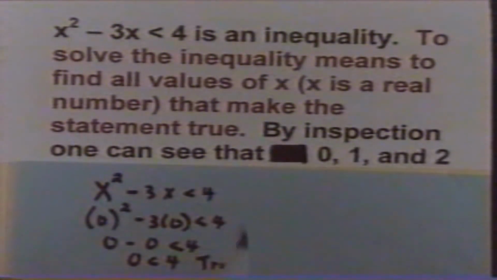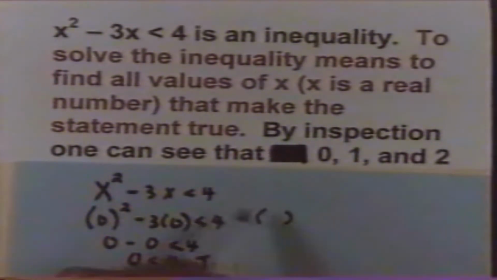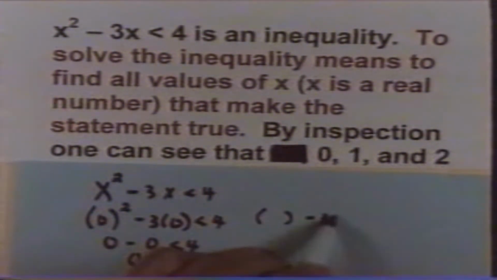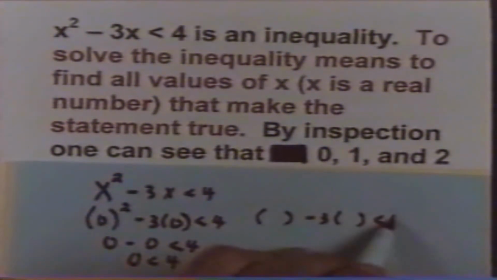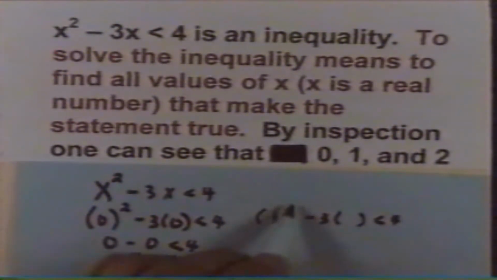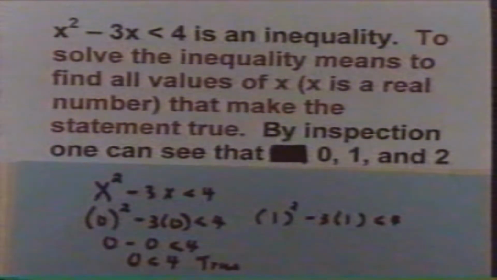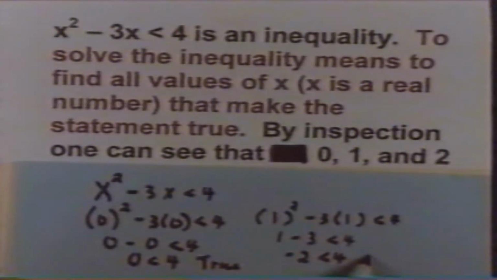1 also makes it true. Replace the x with parentheses and put 1 in the place of x. That's going to be 1 squared is 1. Minus 3 is less than 4. Negative 2 is less than 4, which is true.